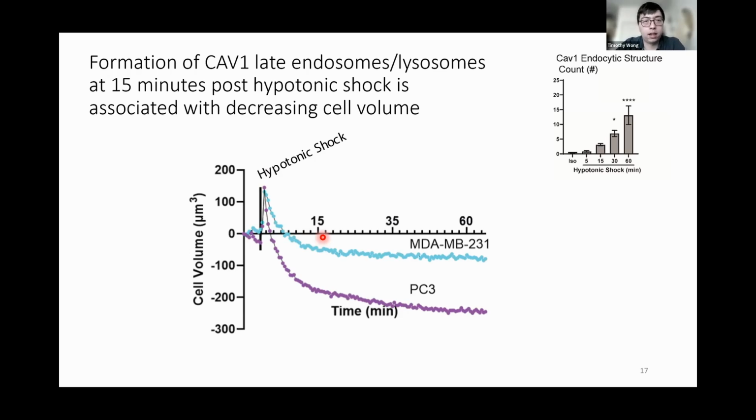So this suggested that these CAV1 lysosomes are forming as cell volume is decreasing, and are associated with decreasing cell volume.